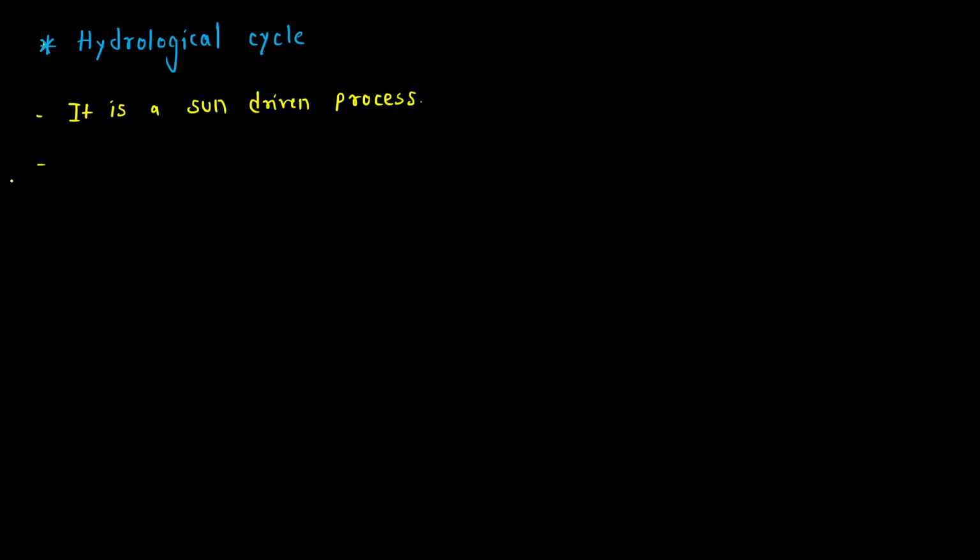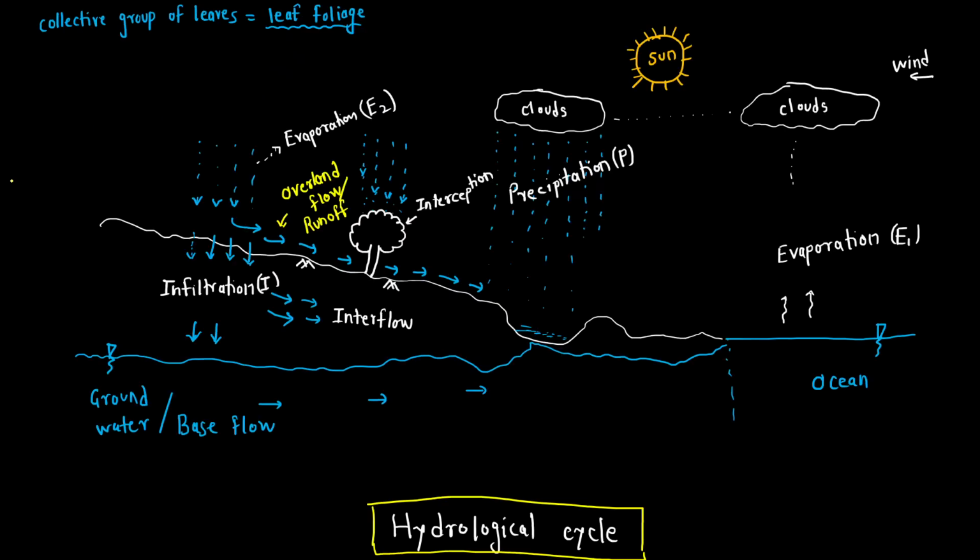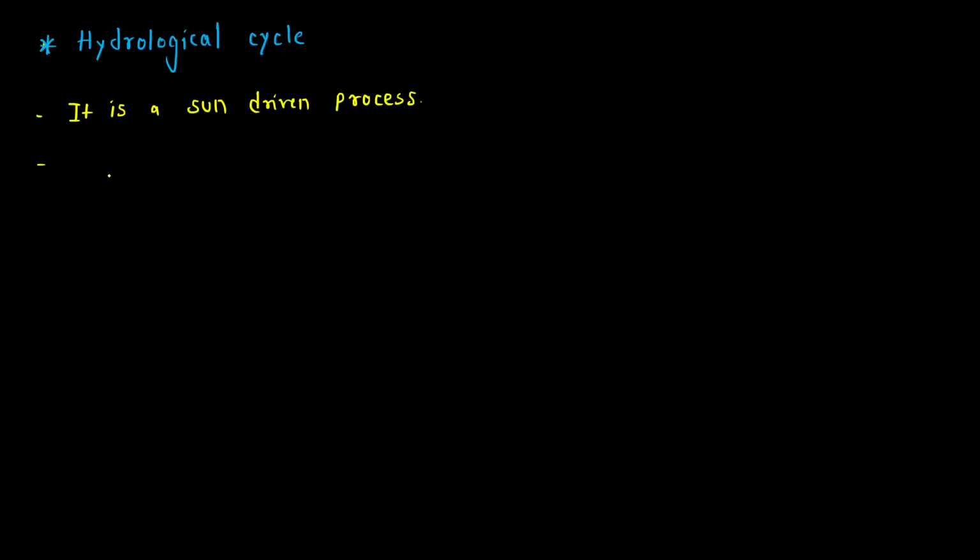So we can assume any point where it is starting, because we cannot say that it is starting from the groundwater or from the precipitation or from evaporation. But generally, in most of the books, it is given that the hydrological cycle starts with the evaporation.